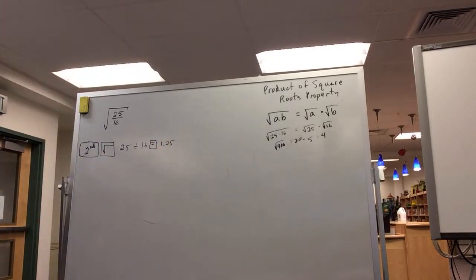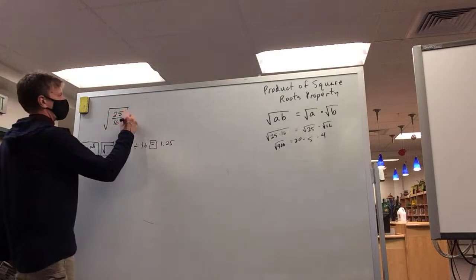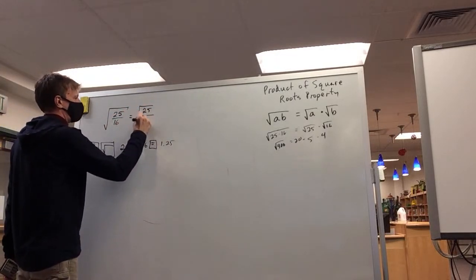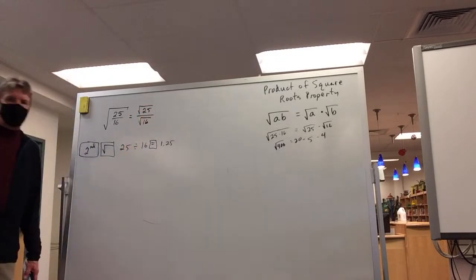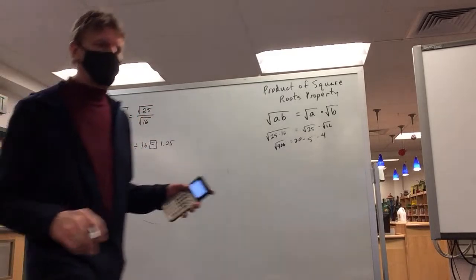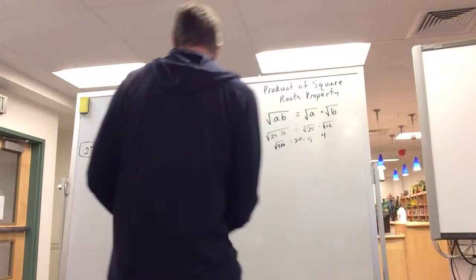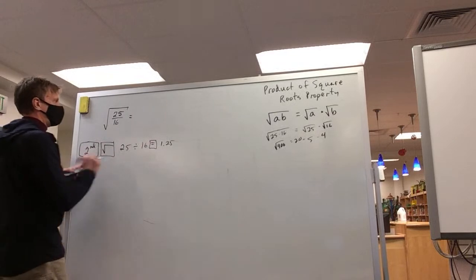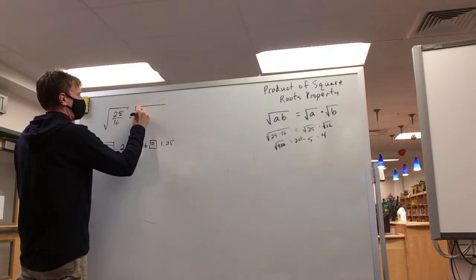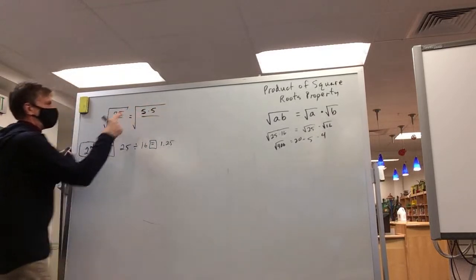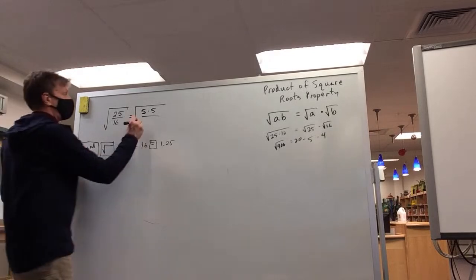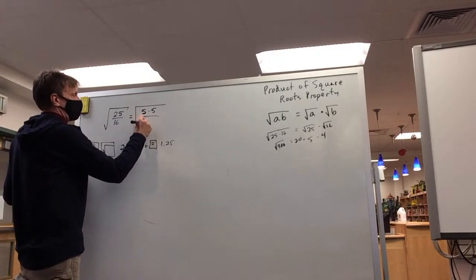Okay. So let's do this. Let's separate the 25 and separate the 16. Actually, before I even do that, I'm going to do that in 2 steps. Here's what I'm going to do. First of all, I'm going to say that 25 is the same as 5 times 5. Agreed? And 16 is the same as 4 times 4.